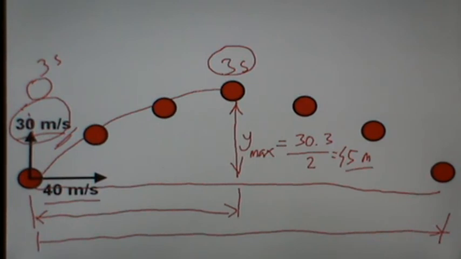And now if the ball moves in the horizontal direction with the velocity 40 meters per second, and you know that along horizontal direction the velocity is constant, then you see that after 3 seconds the distance traveled by the ball will be 120 meters.